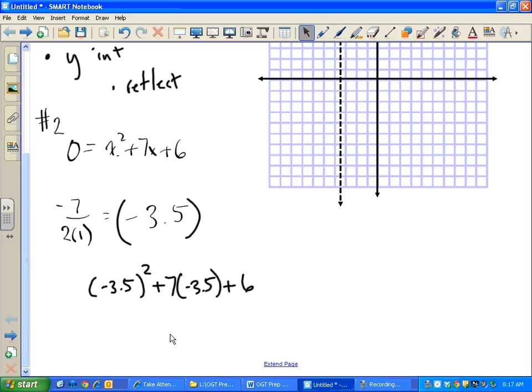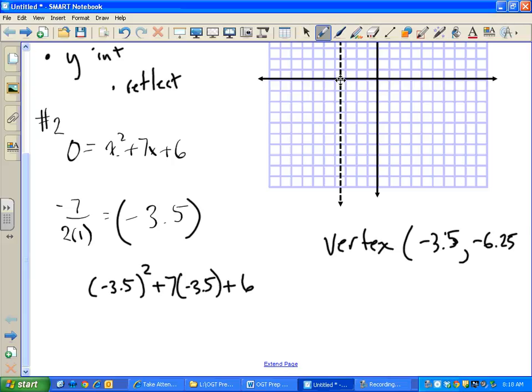What did you get when you plugged that in? The y value is negative 6.25. So what's the vertex then? The vertex is negative 3.5, negative 6.25.